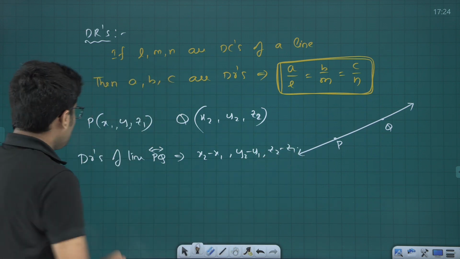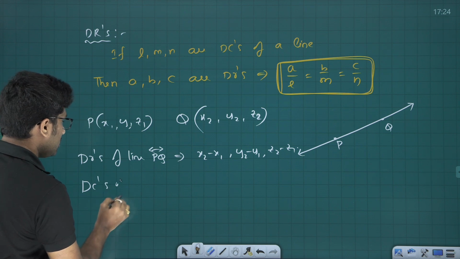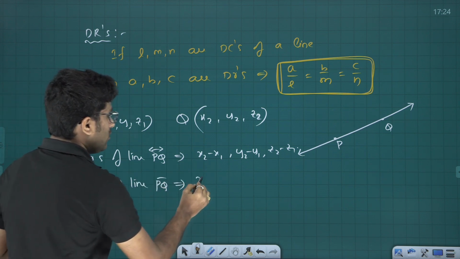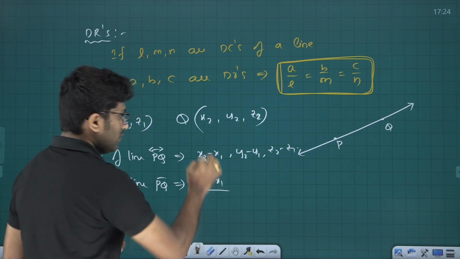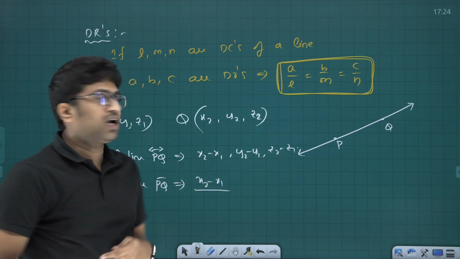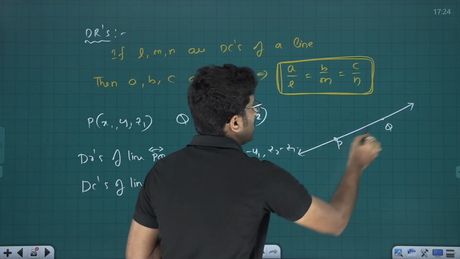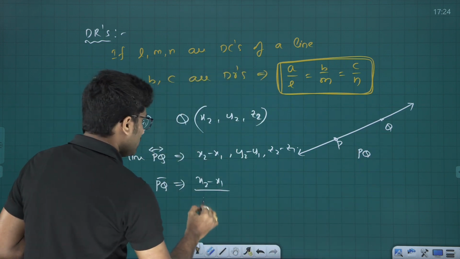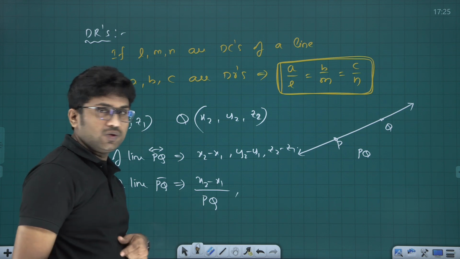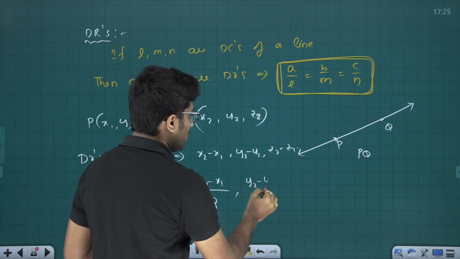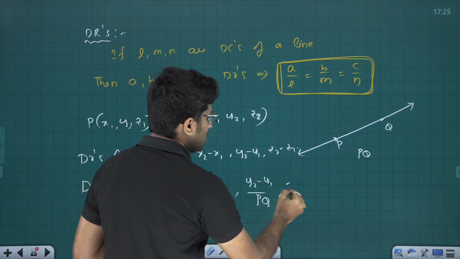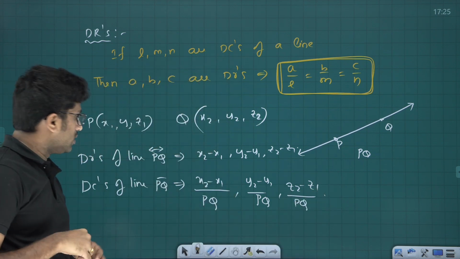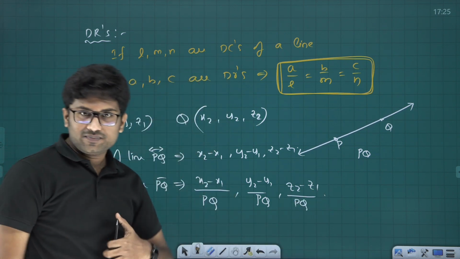If DRs are known, then DCs of line PQ will be, we divide each DR by the mod, that means the length of the line segment PQ. If PQ denotes the length of the line segment, then x2 minus x1 divided by PQ, y2 minus y1 divided by PQ, z2 minus z1 divided by PQ gives the DCs of that particular line.